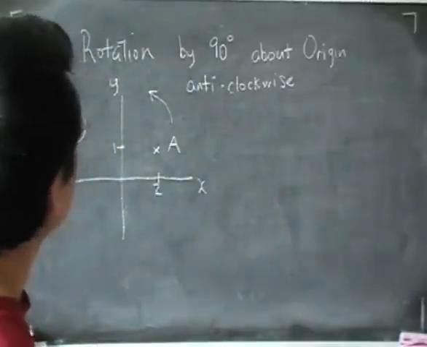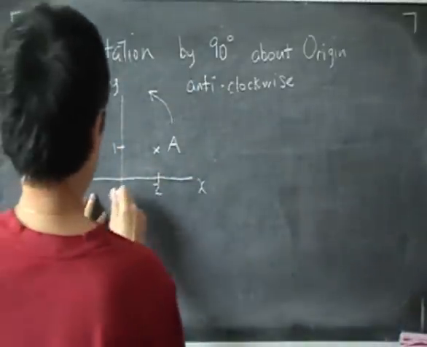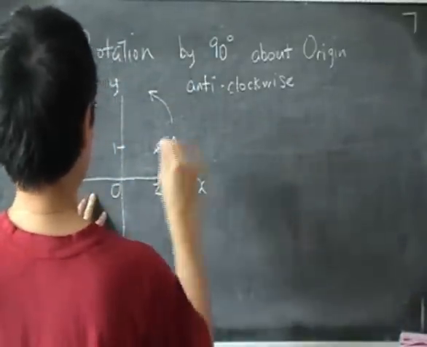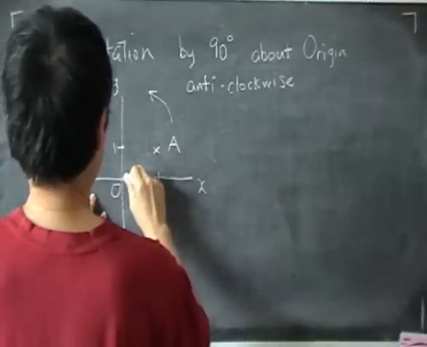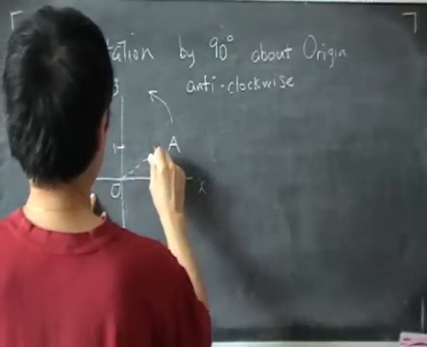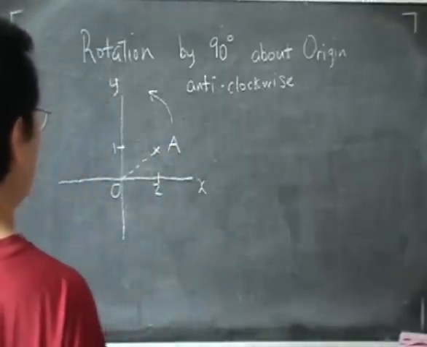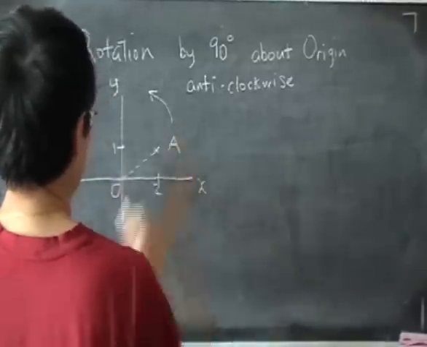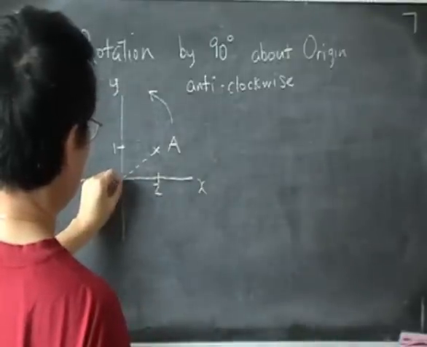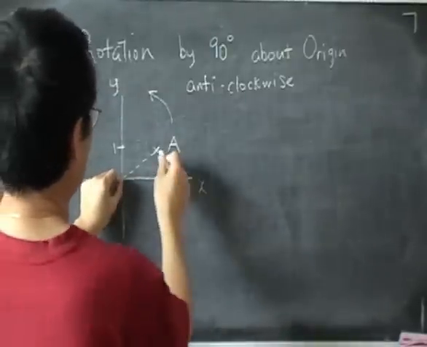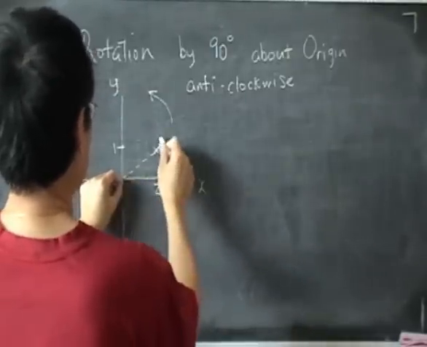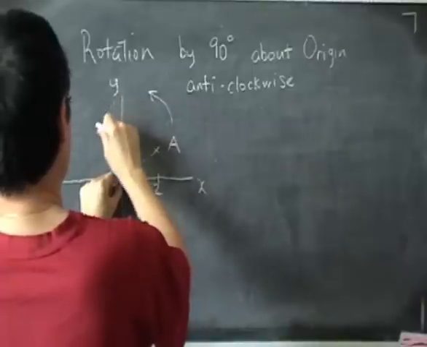About the origin means the origin is there, and I imagine drawing a line joining origin to point A, and I must hold the line fixed at the origin and rotate this line by 90°.